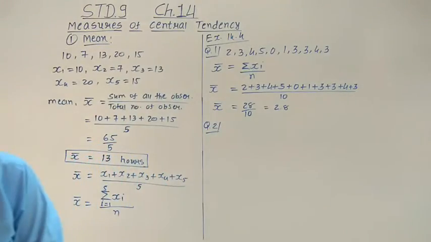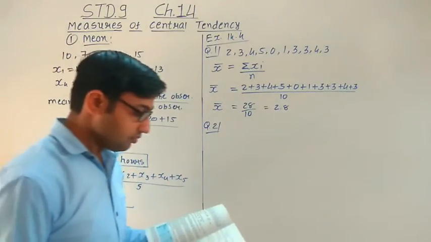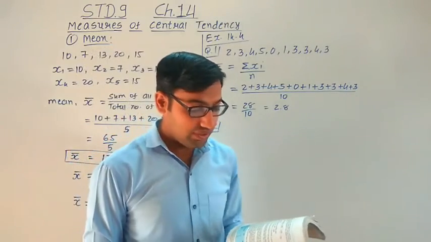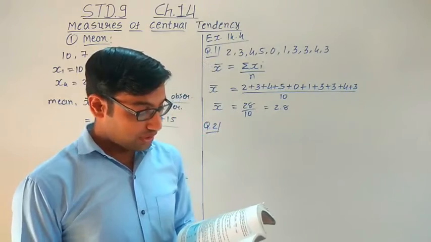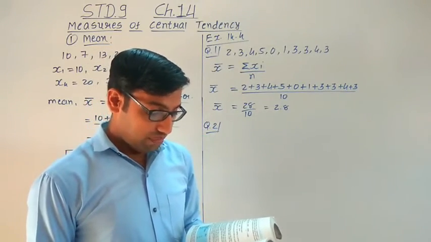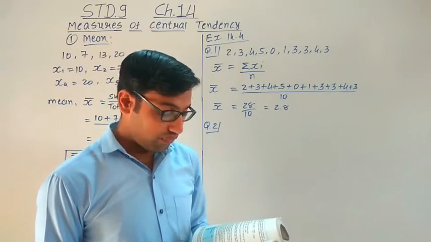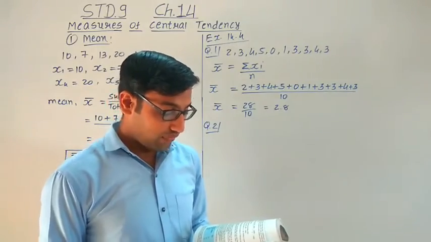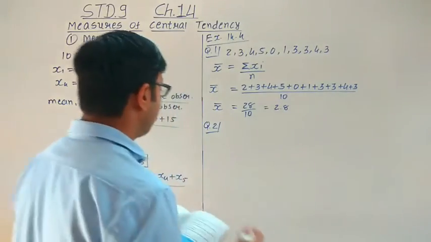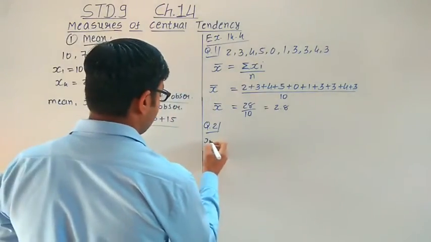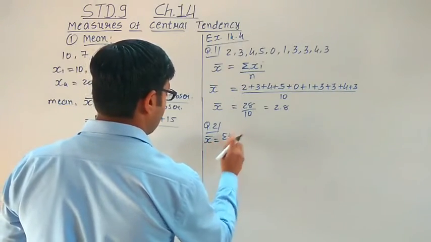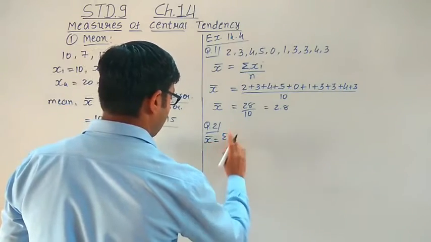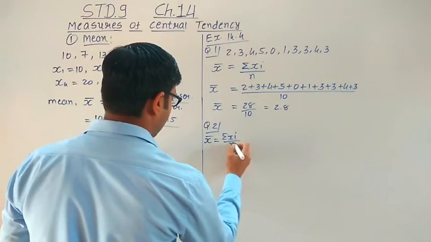question number 2 here is: in a mathematics test given to 15 students, the following marks are recorded. So here we have the marks of the 15 students and we have to find the mean. Actually we have to find mean, median and mode, but here we will find the mean. So we can use this formula, x bar is equal to sigma xi upon n.